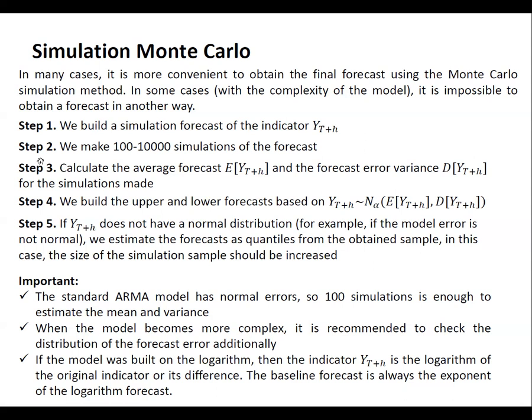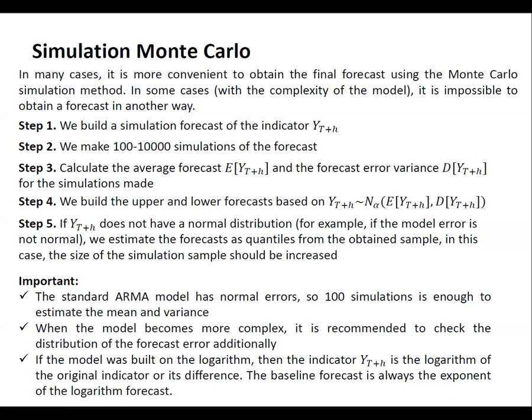At step 2, we need to make from 100 to 10,000 forecast simulations. We have to write down the simulated forecast series somewhere, then regenerate random numbers and write it down somewhere again. And we have to make such records of simulations depending on the required accuracy, from 100 to 10,000.